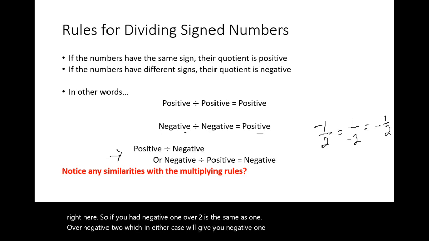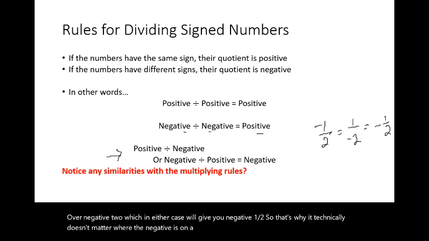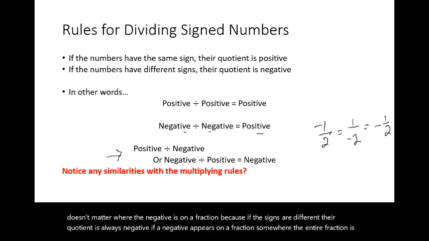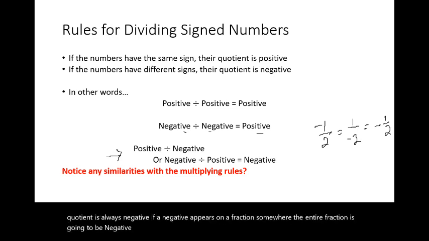So that's why it technically doesn't matter where the negative is on a fraction, because if the signs are different, their quotient is always negative. If a negative appears on a fraction somewhere, the entire fraction is going to be negative. And you'll also notice that these are the exact same rules as multiplying signed numbers.